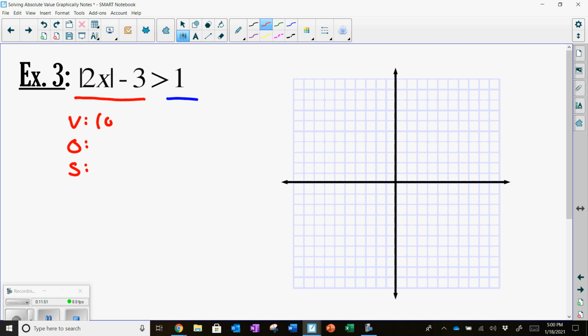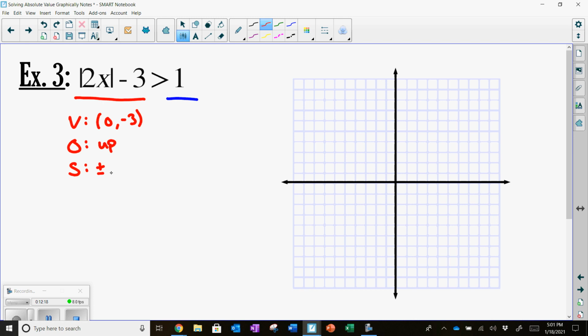Well, h has got to be 0 because there's nothing there. So the vertex is 0, negative 3, from h being 0 and k being negative 3. It's going to open up because I don't have a negative value at the front of this absolute value. And its slope, interestingly enough, is going to be, I think, 2.